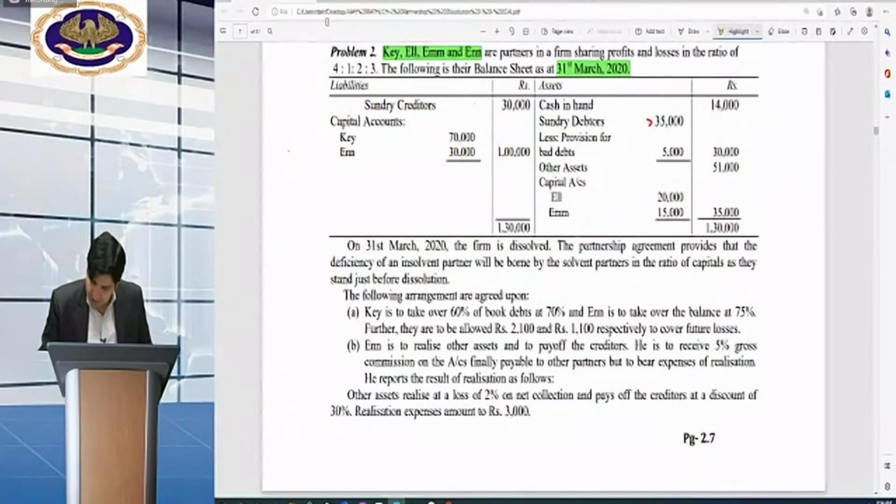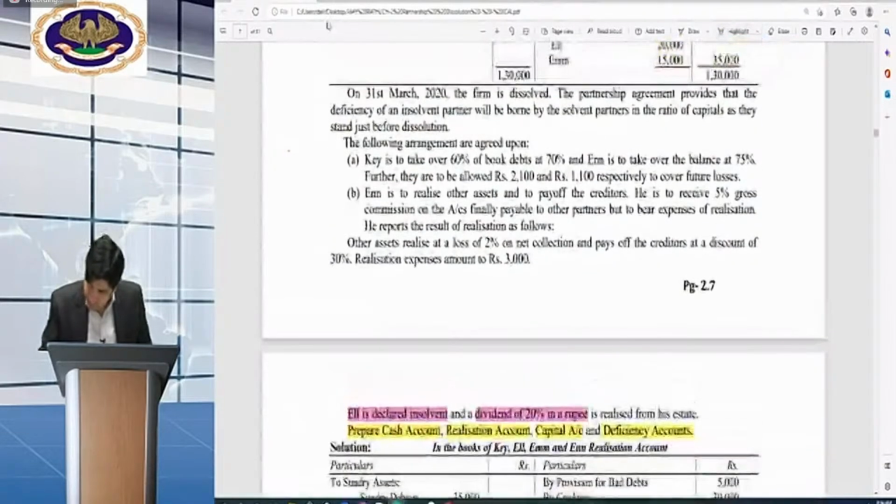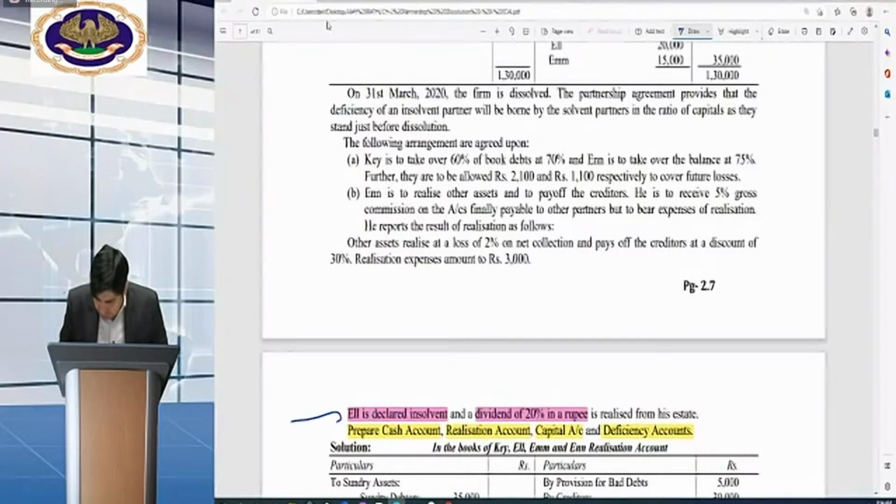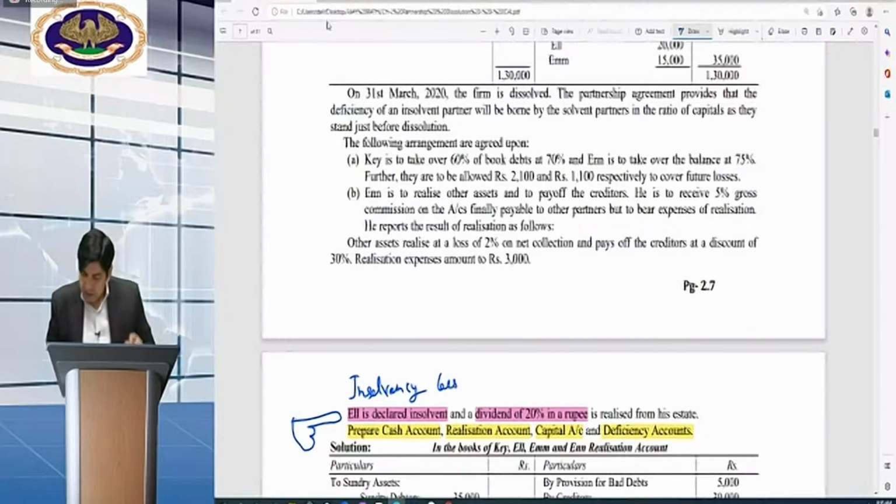See, now we have to do only two things. Number one, L is insolvent, so we have to decide the insolvency loss. And then we have to calculate the final amount payable.